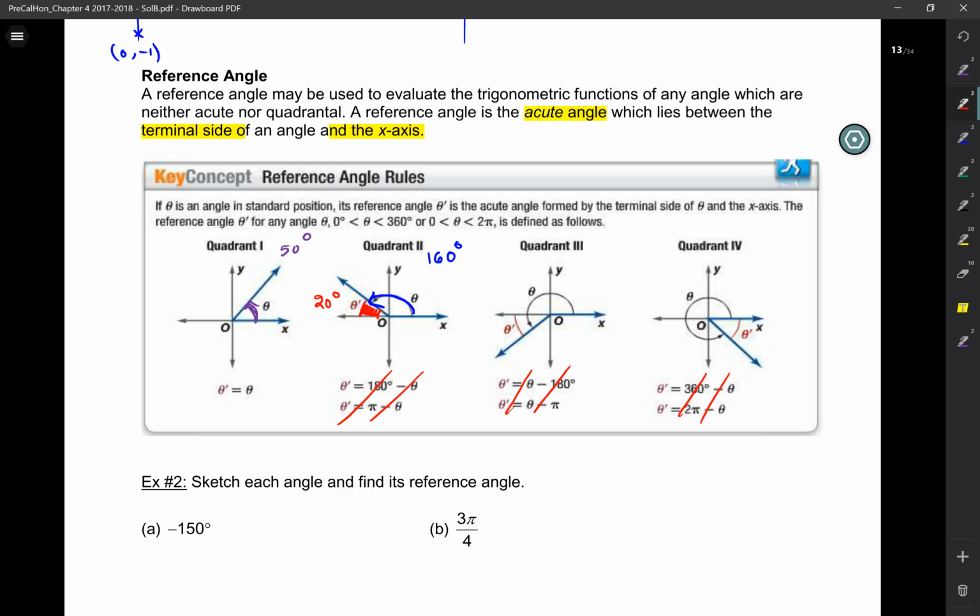All right? So if I had an angle of 210 degrees, here, what would be the reference angle? How much? 30, right? If I had an angle of 310 degrees, how much would be the reference angle? 50, because that's how much more I have to go.